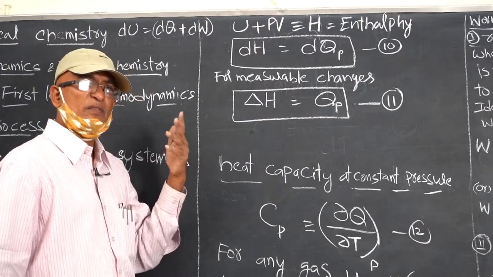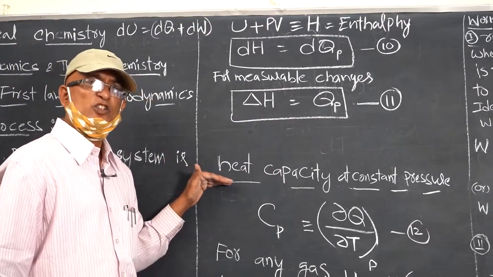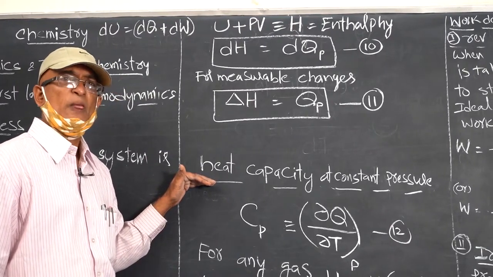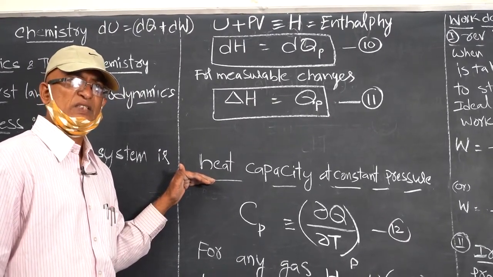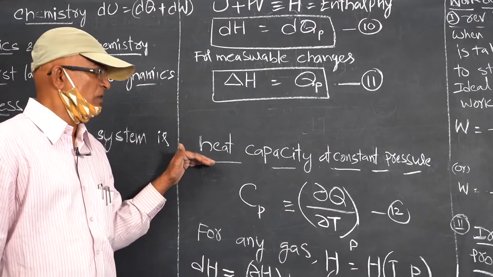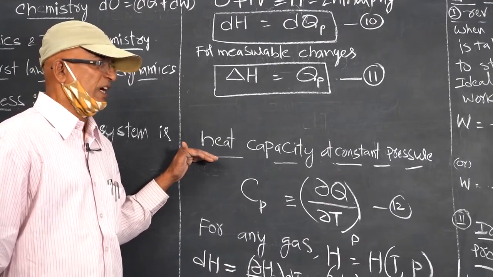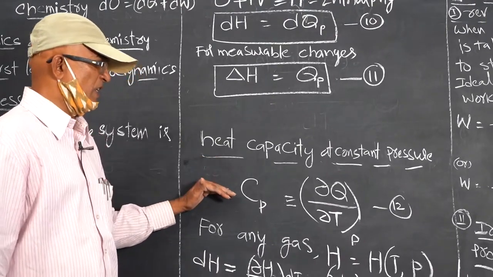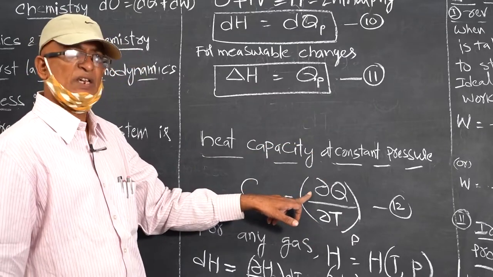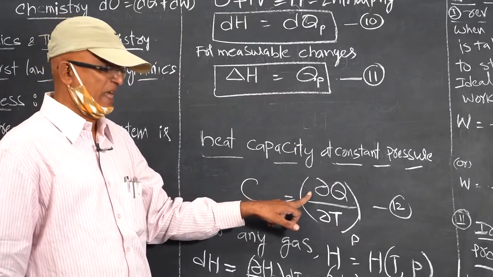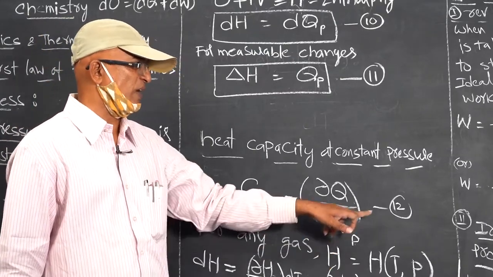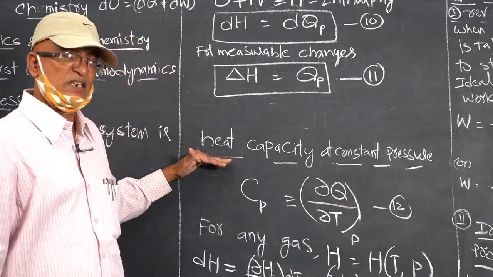Now earlier we have defined heat capacity, and also heat capacity of a gas at constant volume. I told you that heat capacity of a gas at constant volume differs by a significant value when compared to heat capacity at constant pressure. So Cp is defined as dou Q by dou T at constant pressure. The amount of heat added to some amount of gas to raise its temperature by 1 degree at constant pressure is defined as heat capacity of a gas at constant pressure.